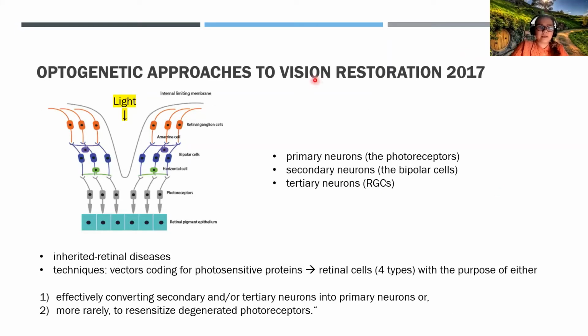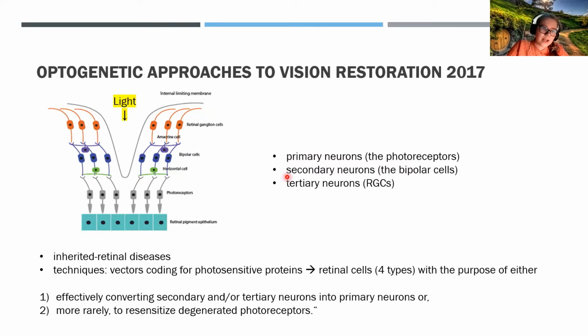Now, this is the heading of the paper about optogenetic approaches to vision restoration. I found a very nice diagram in that paper that introduces the concepts of primary, secondary, and tertiary neurons.